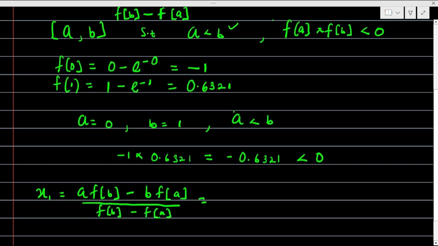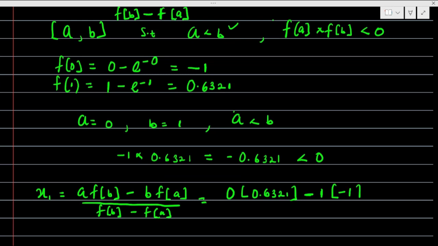So how do we input this? Our A is 0. Our f of B is 0.6321. Then minus B, which is 1, times f of A, which is minus 1.